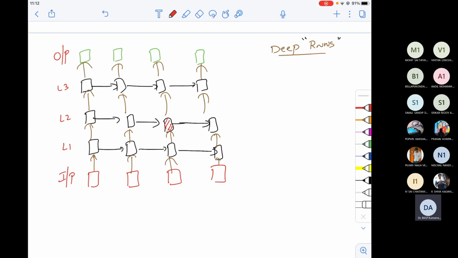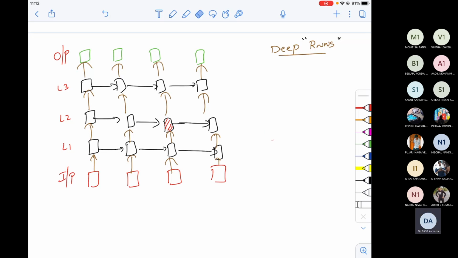How is this technically denoted? If you look into the deep RNN based papers, it is denoted as H3 of 2.